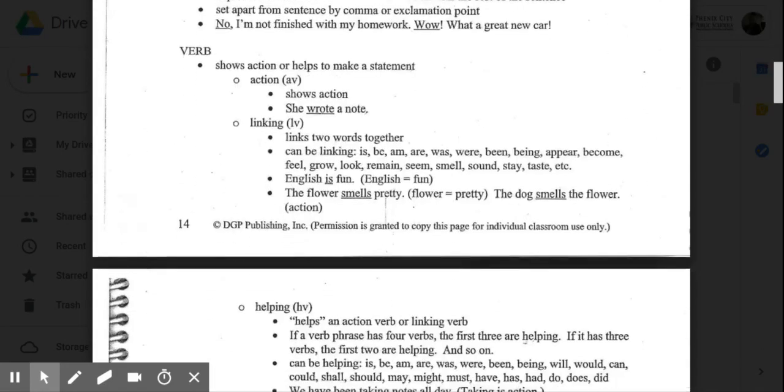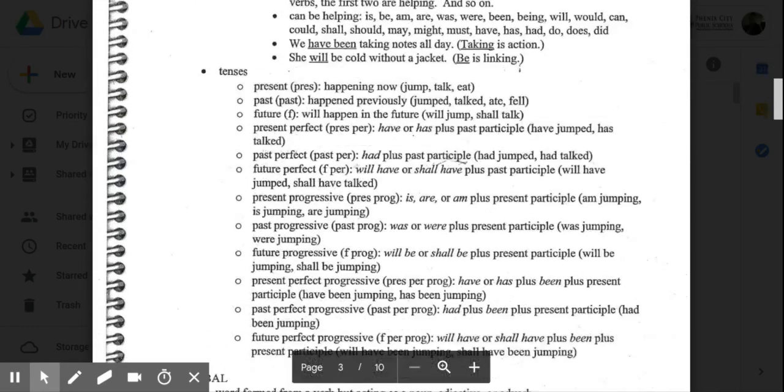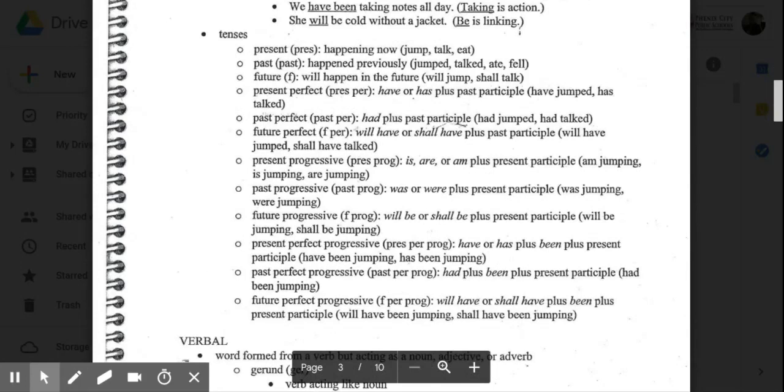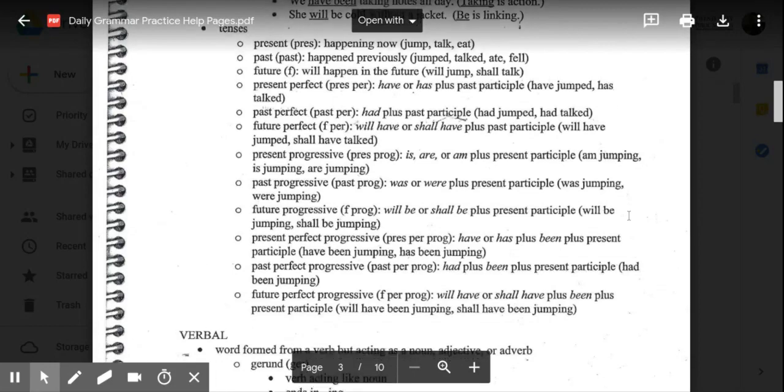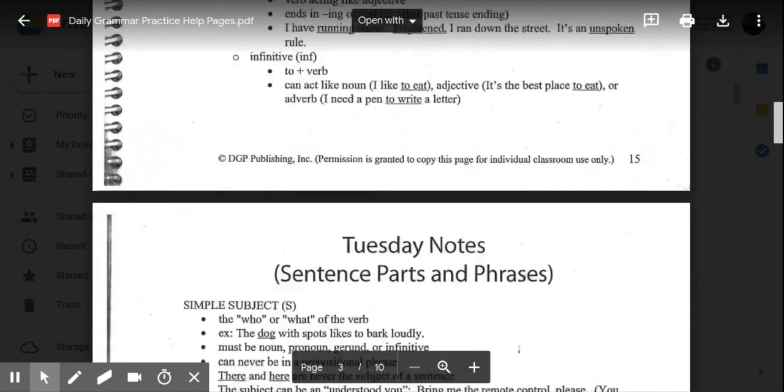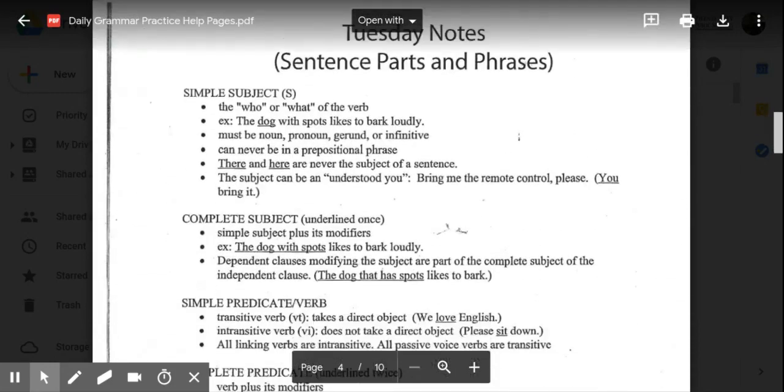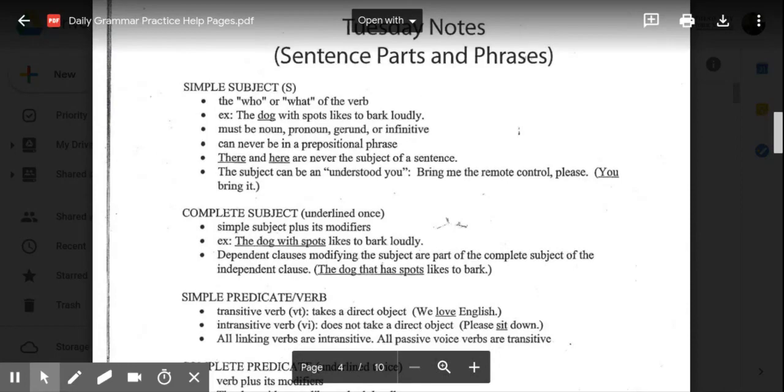At the bottom of Monday's help pages are the tenses. You'll notice it also gives examples of combinations of certain helping verbs and participles that will change the part of speech. And then it progresses to Tuesday's notes for sentence parts and phrases.